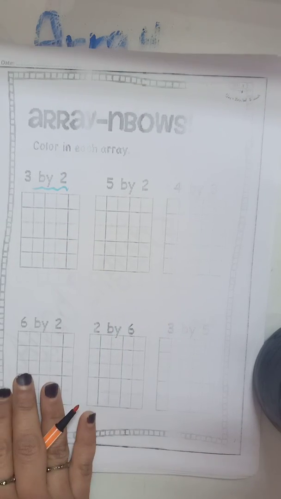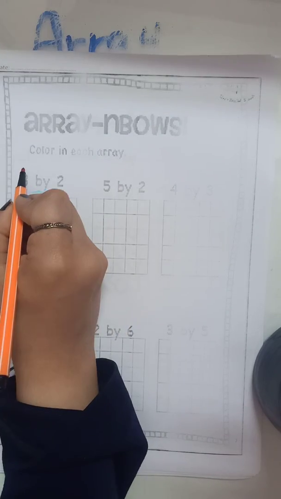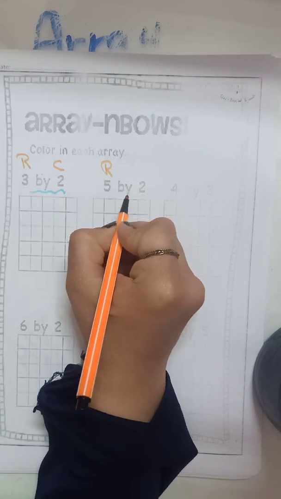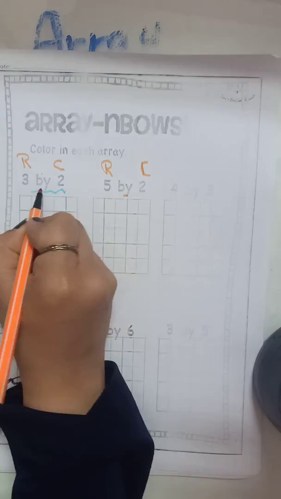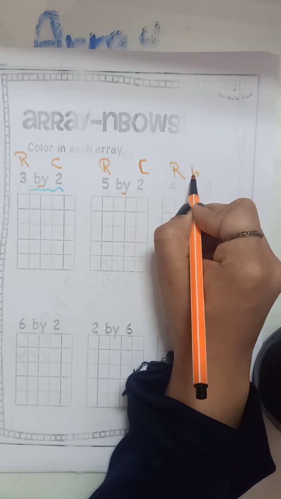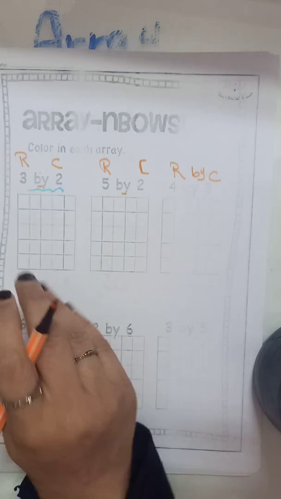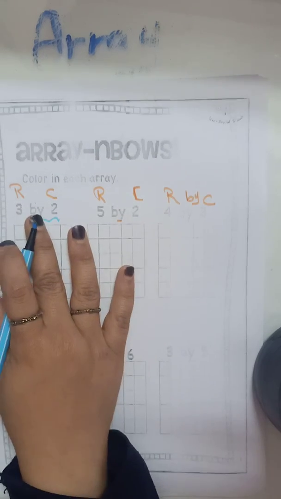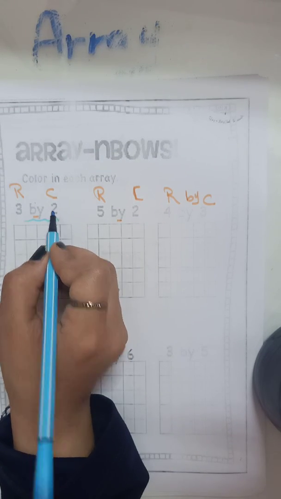Okay. If we ask you to color an array and give you the name of the array, how do we make it? We know row by column, row by column. Okay, the first one, 3 by 2.